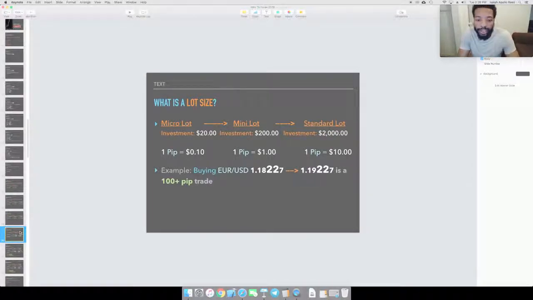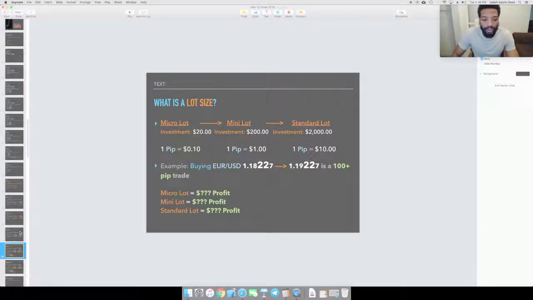So we're buying the Euro USD again. It goes up another 100 pips. And I did the example right here. The micro lot size, if it was going up 100 pips. Mini lot size, if it was going up 100 pips. And the standard lot size, if it was going up 100 pips.